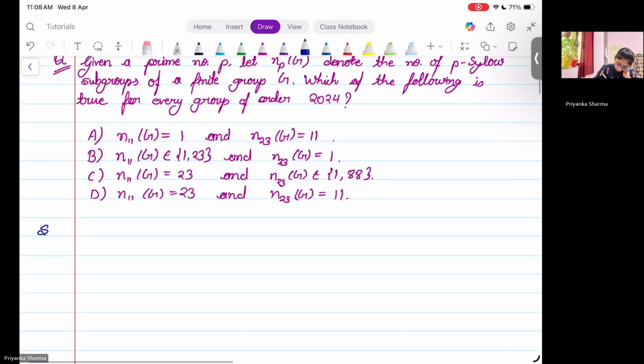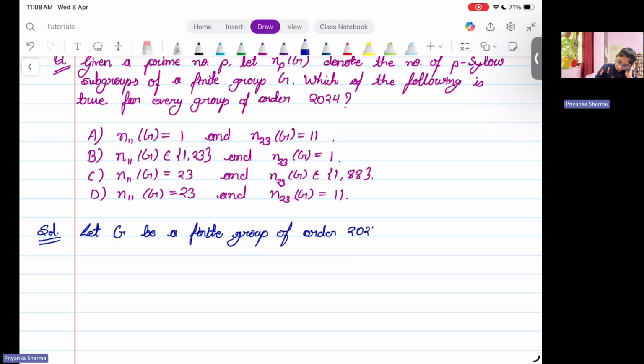It's given that G is a finite group, so let G be a finite group of order 2024.